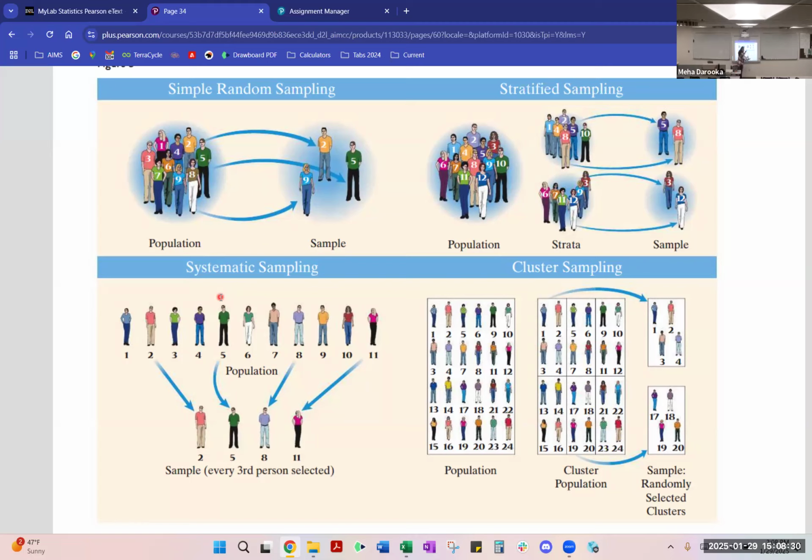Here we take the entire cluster, so it looks like they're selecting group 1, which is people 1, 2, 3, and 4, and then group 5, which is 17, 18, 19, 20. But we have nobody from group 2, group 3, group 4, or group 6. Those groups were left completely out. In stratified, you take samples from each of your groups. So that's the difference between cluster and stratified sampling.